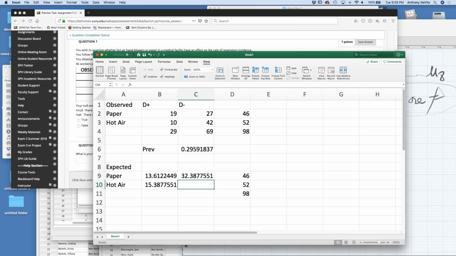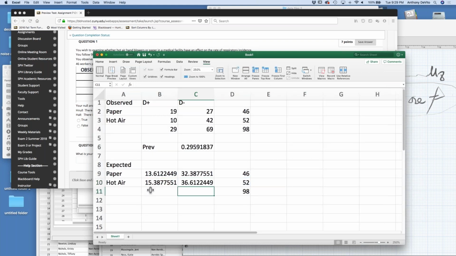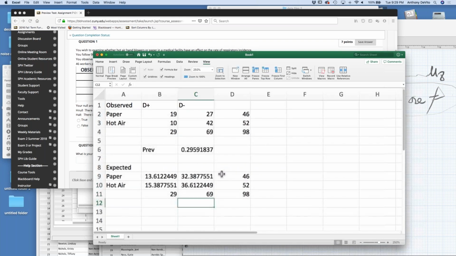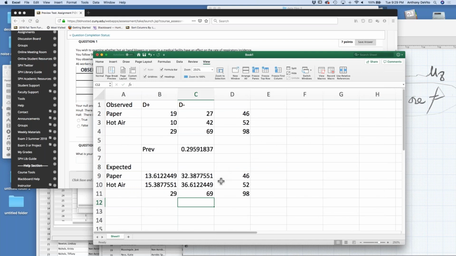And this is going to be equal to 52 minus this number. Okay, and if I add these together here, like so, surprise, surprise, it comes out to 29. If I add these together here, surprise, surprise, it's going to come out to be 69 here also. But this is the way I would have expected them to be distributed.